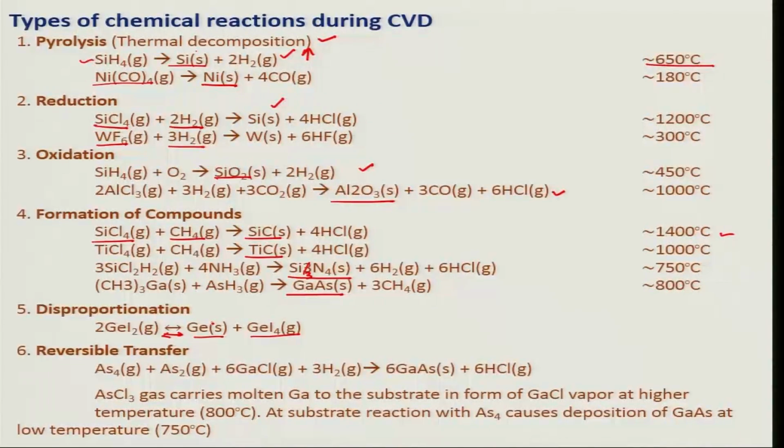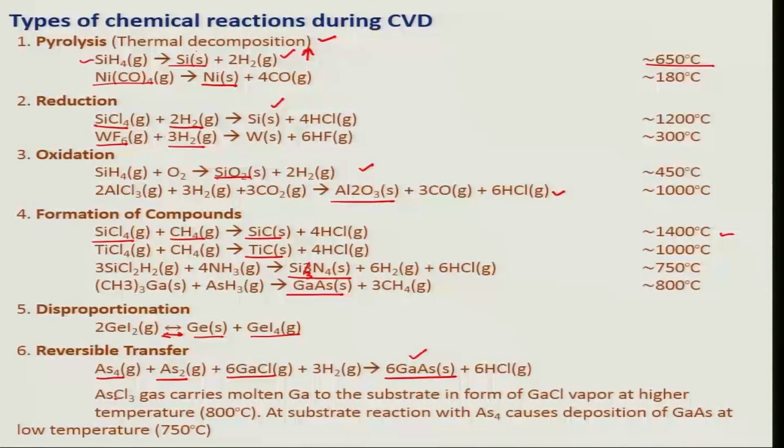There is also another type of reaction which may happen, which is called reversible transfer. In this case, some constituent gases form. What happens is that you flow arsine through a bubbler of gallium, or HCl through a bubbler of gallium, and you carry this gas, where it reacts with the arsenide to form gallium arsenide.